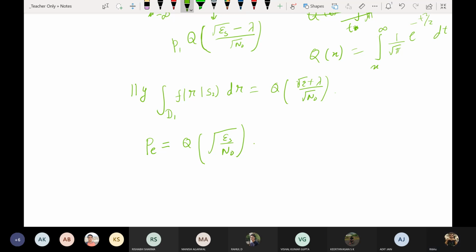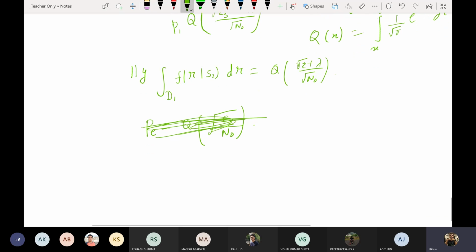Fine. So why doesn't Q have any R terms? Like we have considered p into Q of something, right? Sorry, one step I forgot. I gave the final result after skipping a step.